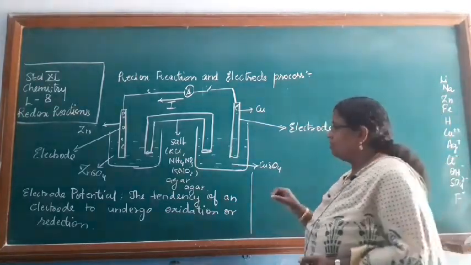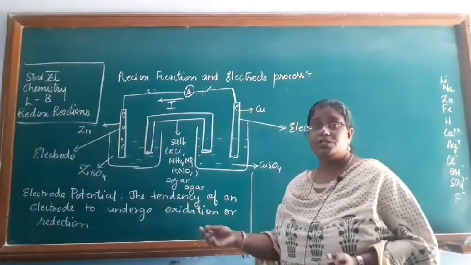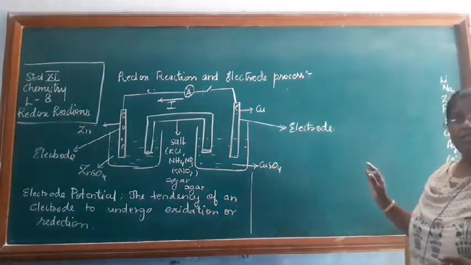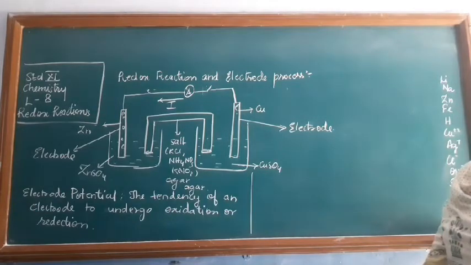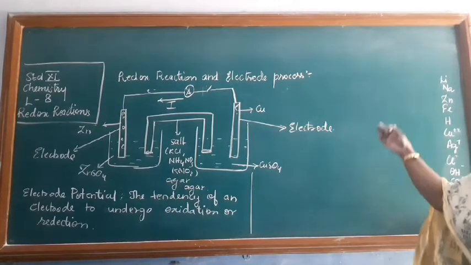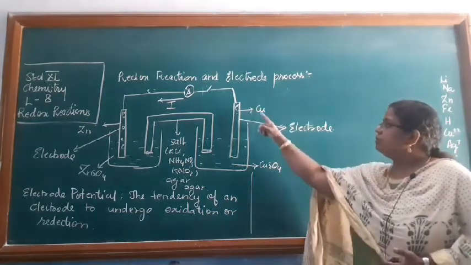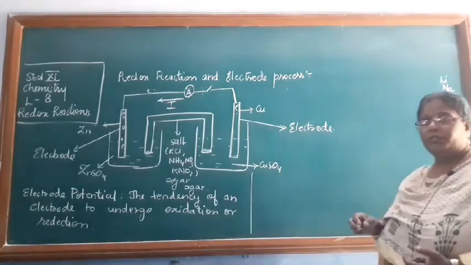is measured, okay. So Zn का हम oxidation potential, because Zn has more tendency to get oxidized. So, therefore, Zn का हम oxidation potential measure करेंगे. और copper का हम क्या measure करते हैं, reduction potential, because copper has more tendency to get reduced. So, therefore, the reduction potential of copper will be measured, okay.